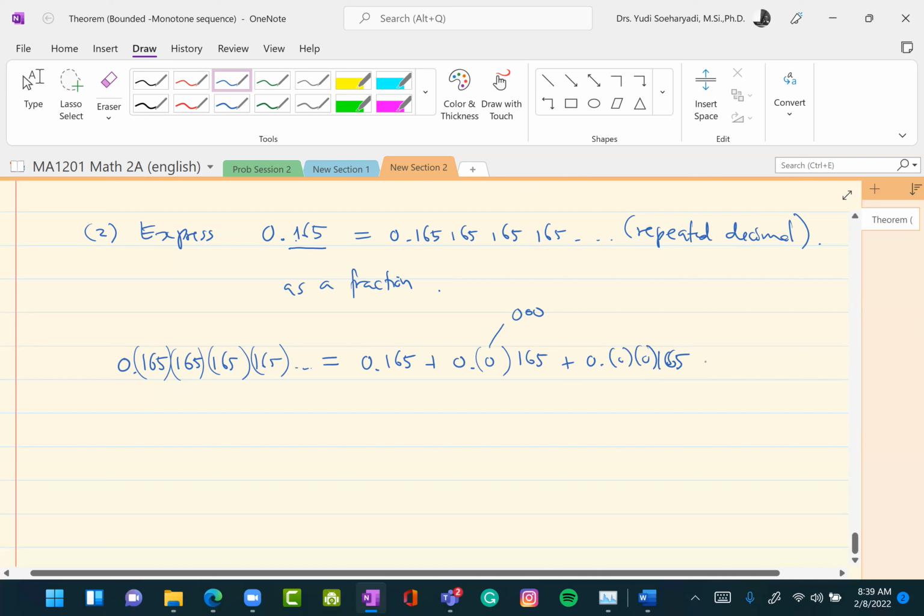You see the pattern? This means times 10 to the negative 3. So here we have 10 to the negative 3, negative 6. The next one, if you dare to guess.